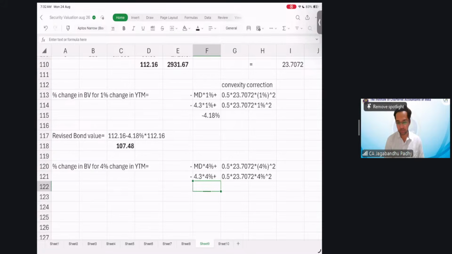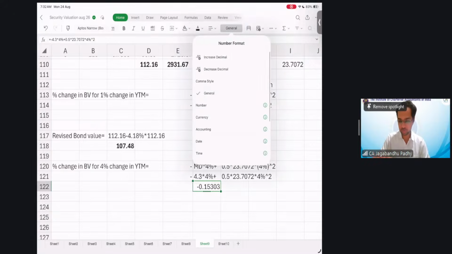Yes, expected change is how much? This will be 4.3 multiplied by 4% plus half into 23.7072 into 4% square.